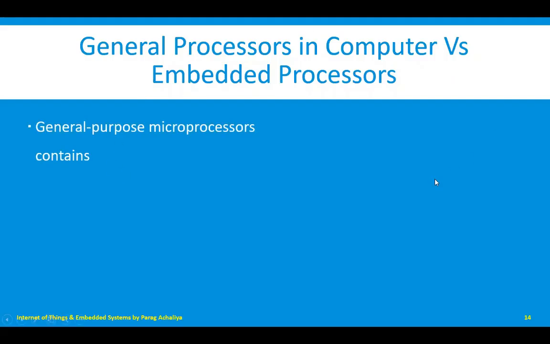General purpose microprocessors, number one, do not have any kind of RAM. RAM stands for random access memory. So your general purpose microprocessor never has any kind of RAM. They do not have read only memory, ROM. They do not have any kind of input output ports.